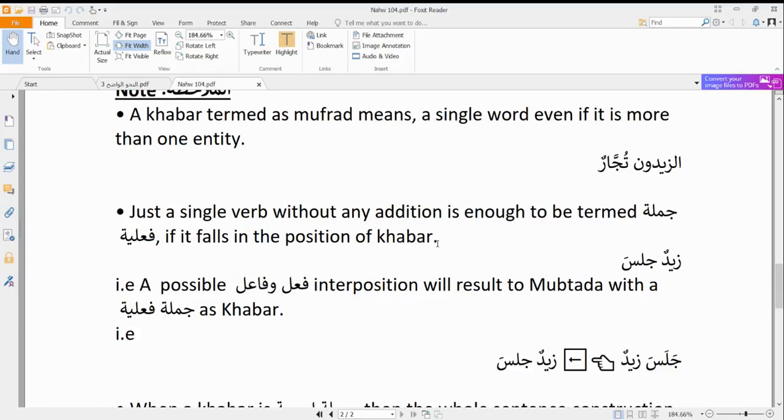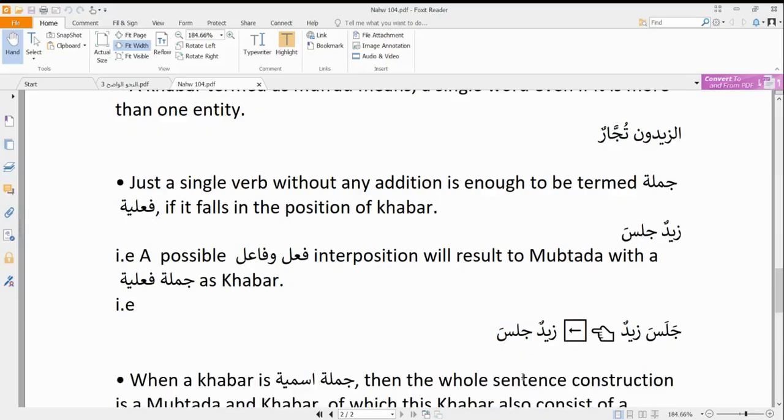A fa'il can only come after the verb. Once we turn jalasa zaidun to zaidun jalasa, and we now have our noun first, in that case zaid is no longer the fa'il, zaid is now the mubtada. So we will now be asking, what is our khabar? In this case, our khabar is the Jumlatun fi'liya, which is jalasa. So that is our khabar.